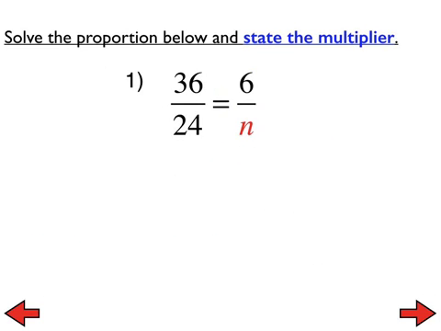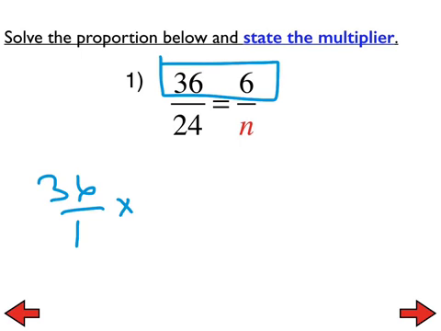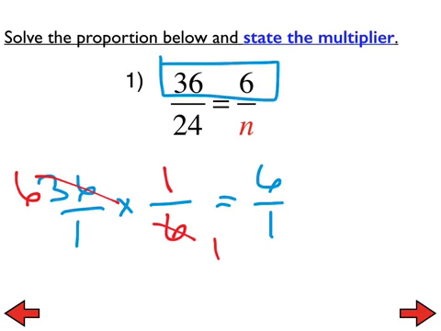Here's a problem from yesterday. I know you're thinking 36 divided by 6, but let's look at it this way. This number here, we have 36 times what gives us 6? A sixth, because I want the answer to be 6, right? So I need to multiply by a sixth so that I can cross cancel and it becomes 6.